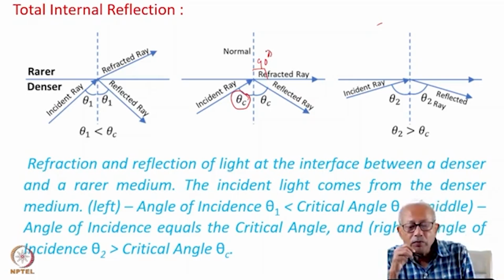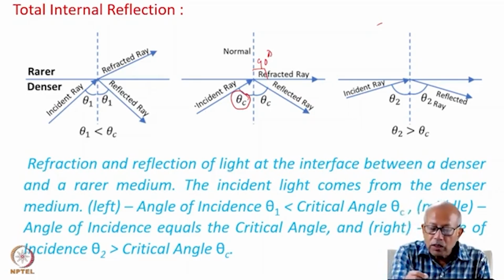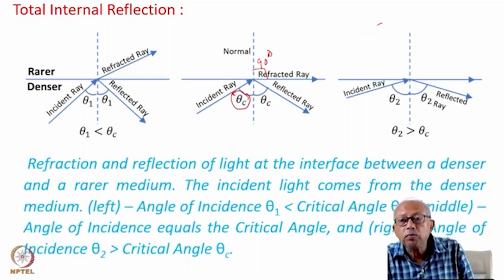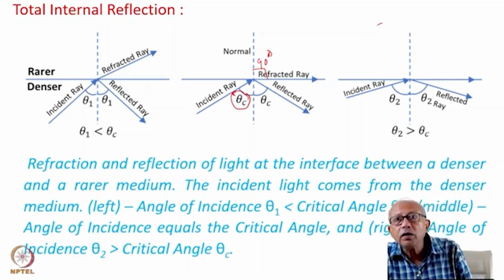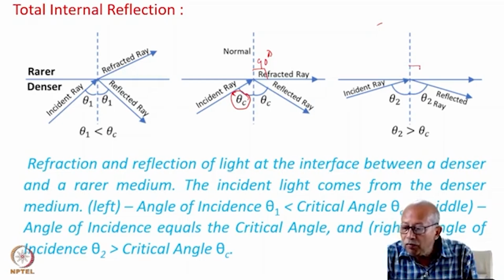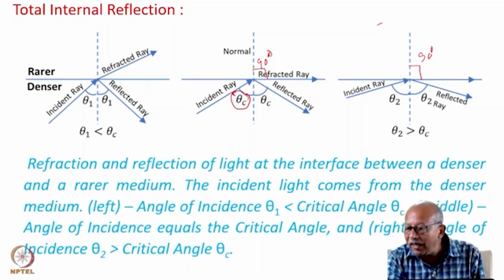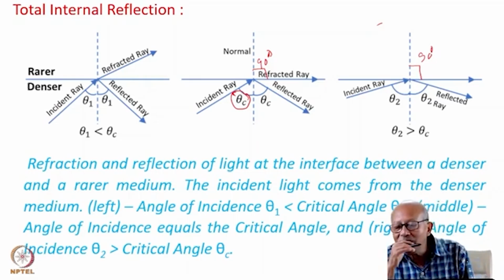What happens now? If you just increase the angle of incidence above theta c, above this critical angle, then there is no more scope of refraction of light, because the angle of refraction has already become 90 degrees. It cannot now become less than 90 degrees and get back into this medium.